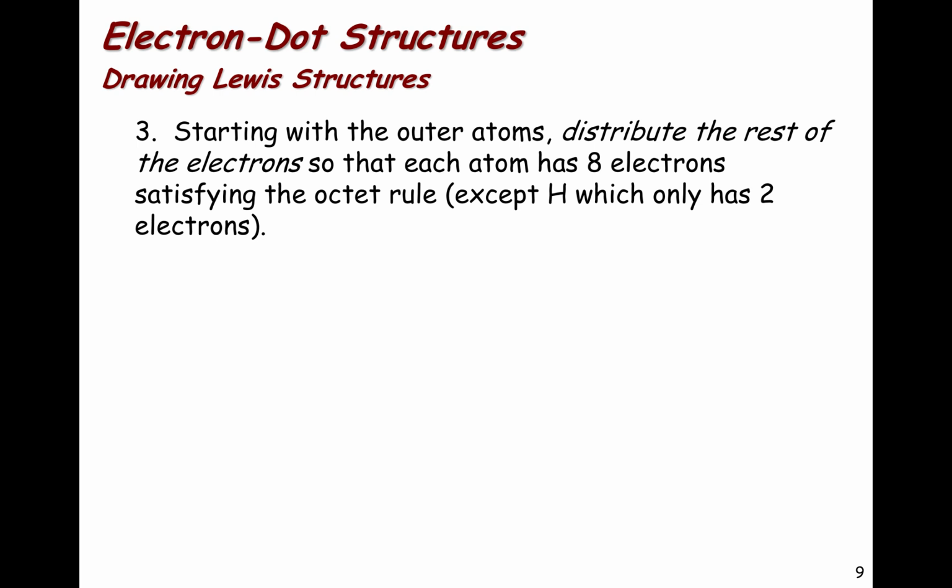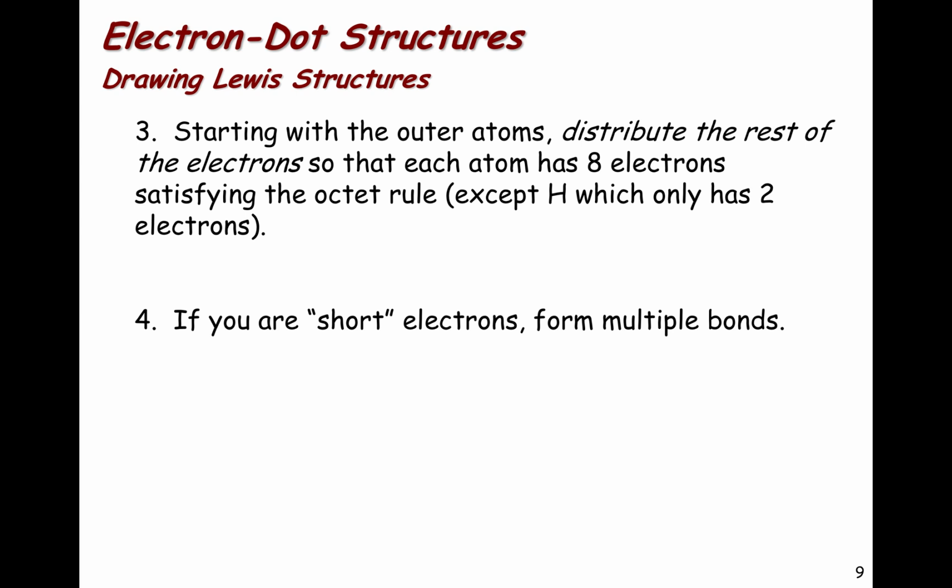So this is usually satisfied when forming the skeleton structure. However, if the terminal atom is represented by second or third period elements, in those cases we can add up to 8 electrons, and in that case, then that satisfies the outer shell and is sometimes known as the octet rule.